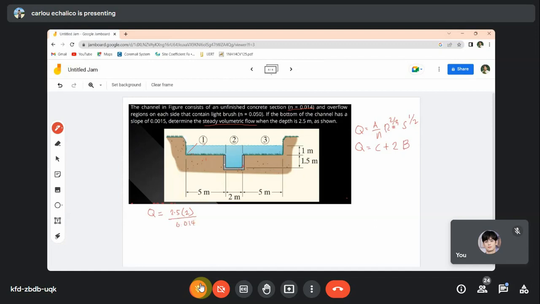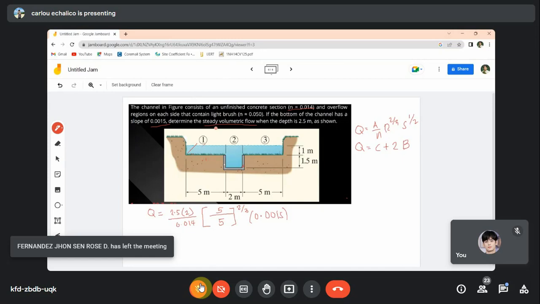For the hydraulic radius, we need the area, which is 2.5 times 2, so 5. The wetted perimeter for the concrete is 1.5 plus 2 plus 1.5, so 3 plus 2 is 5. Raised to 2/3. The S is given: 0.0015.